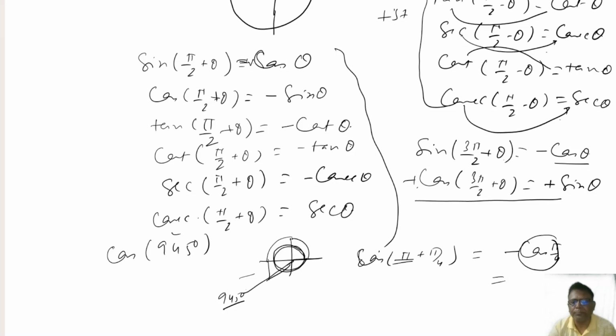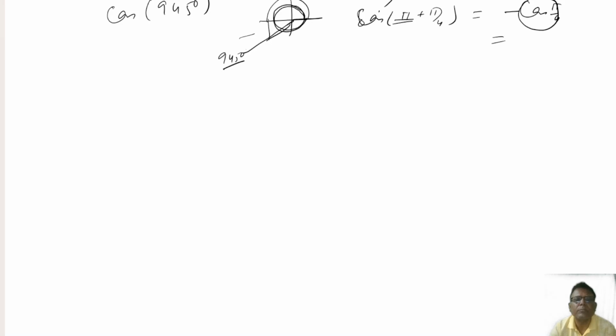So we'll derive some angles' trigonometrical ratio values. How will we derive? Suppose first we derive for 30 degree. This we know is L, and this we know is L by 2, because we have already discussed.